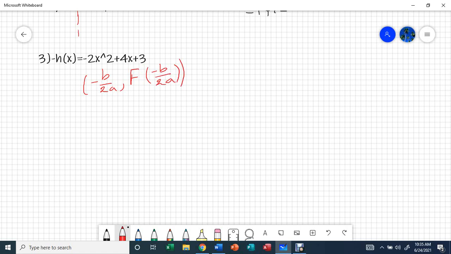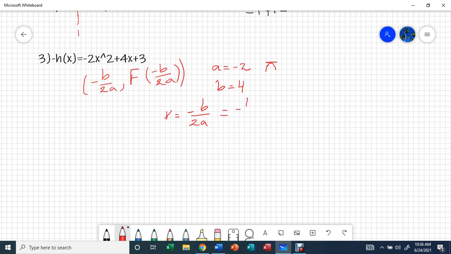What's your a in this example? a is negative 2. It's negative, so it's going to open down and has a max. b is positive 4. So let's find the x-coordinate for the vertex. x is going to be negative b over 2a.